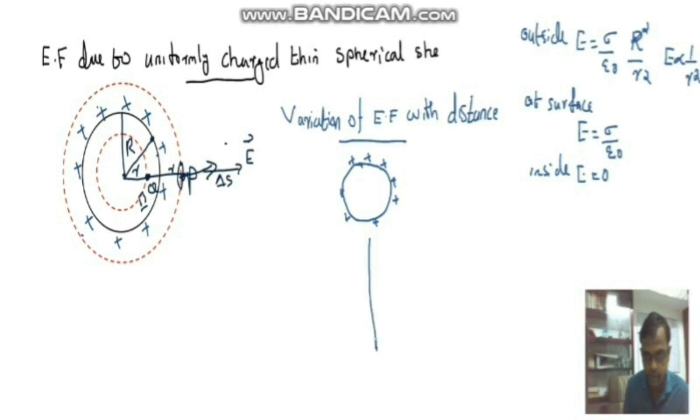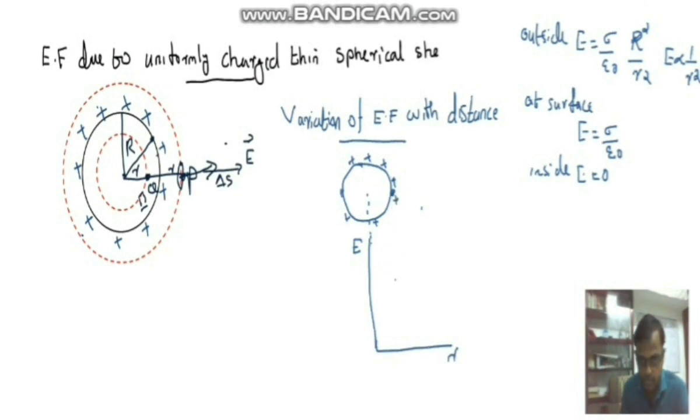I'm drawing the graph connecting electric field and distance. This is r and this is the electric field. From the center we are starting. This is only for understanding. What is the electric field exactly at the surface? At the surface, electric field is maximum, right?